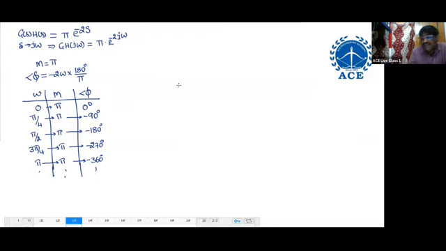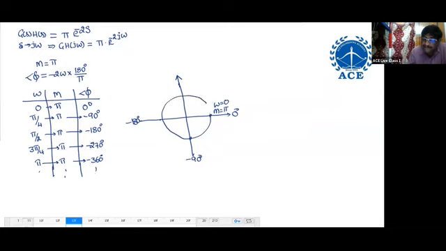As the magnitude is constant, it starts at 0 degrees with magnitude of pi, omega 0; minus 90, magnitude pi; here minus 180, magnitude pi, like this.